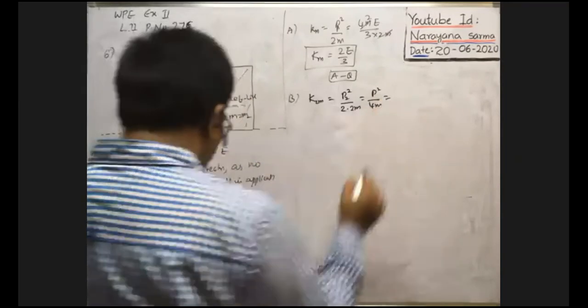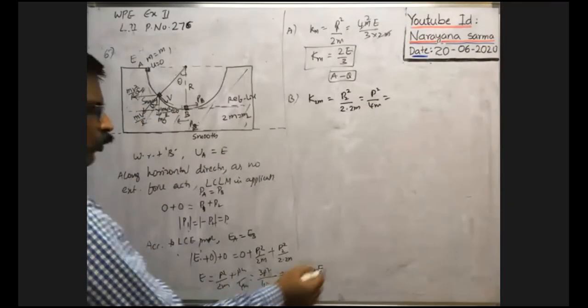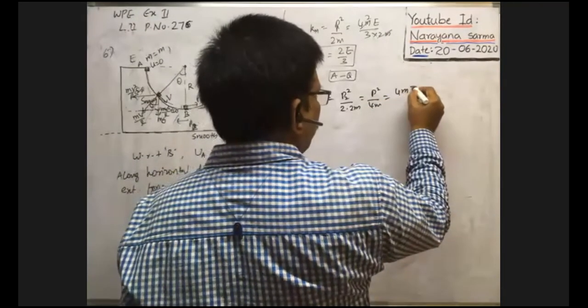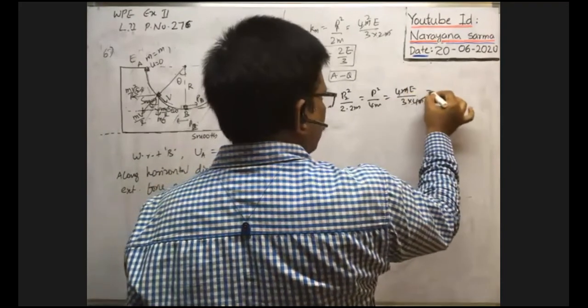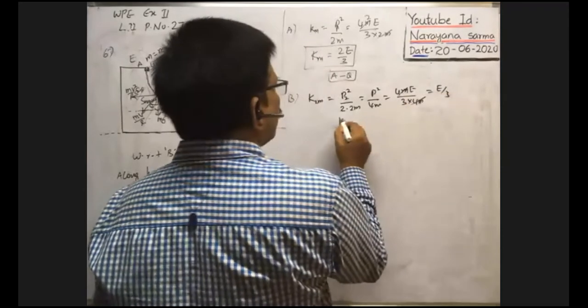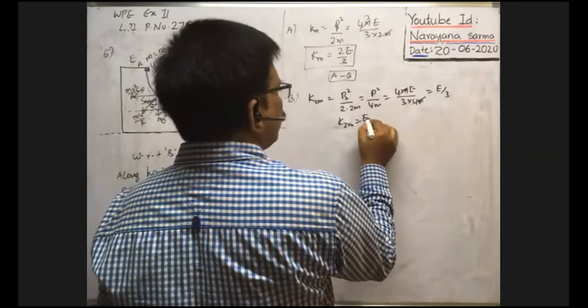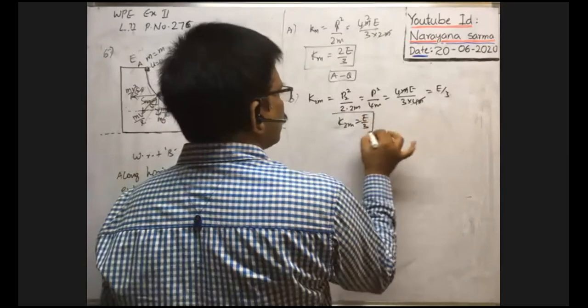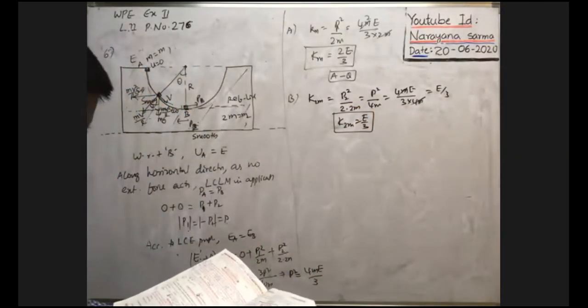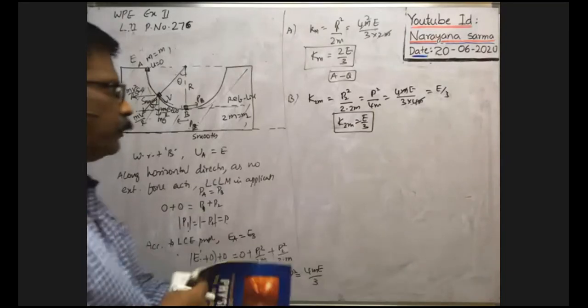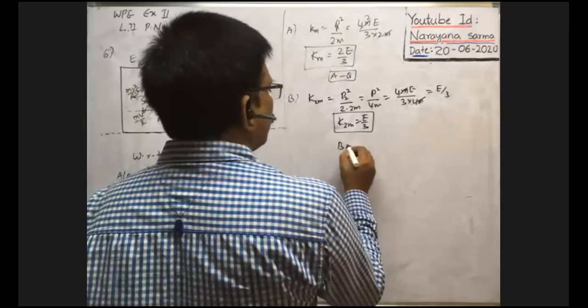P squared is 4me by 3, so 4me by 3 by 4m. 4m cancels, so E by 3. Therefore, K2m is equal to E by 3. This is the kinetic energy of the 2m mass whenever the particle comes to B. So E by 3 means option P. So B matches P.